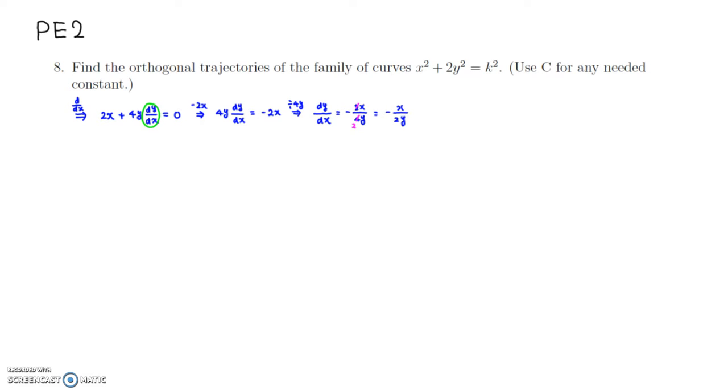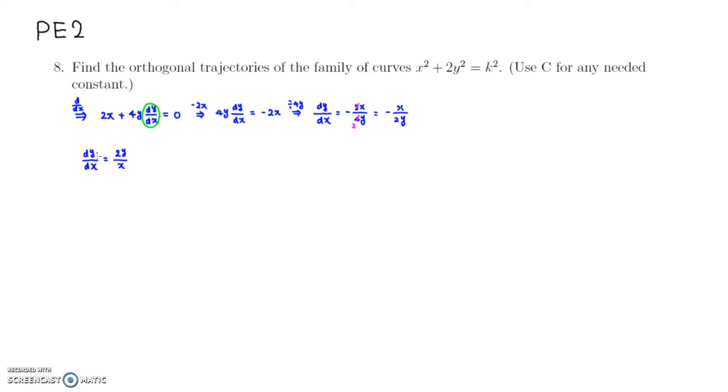So orthogonal trajectories must satisfy dy over dx equals the negative reciprocal: the negative signs cancel out, and we put the fraction upside down. This is the differential equation that the orthogonal trajectories must satisfy. Then we just have to solve this differential equation.